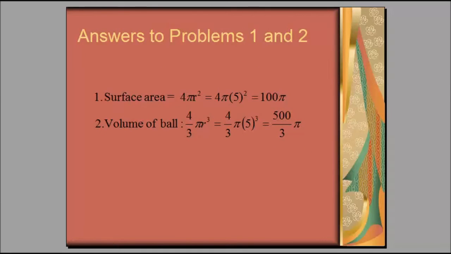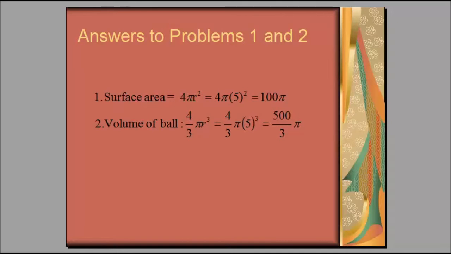And the answers to problems 1 and 2 are as follows. The surface area equals 4 pi r squared, which is 4 pi times 5 squared, which is 4 pi times 25, or 100 pi. The volume of the ball is 4/3 pi r cubed, which is 4/3 pi times 5 cubed.